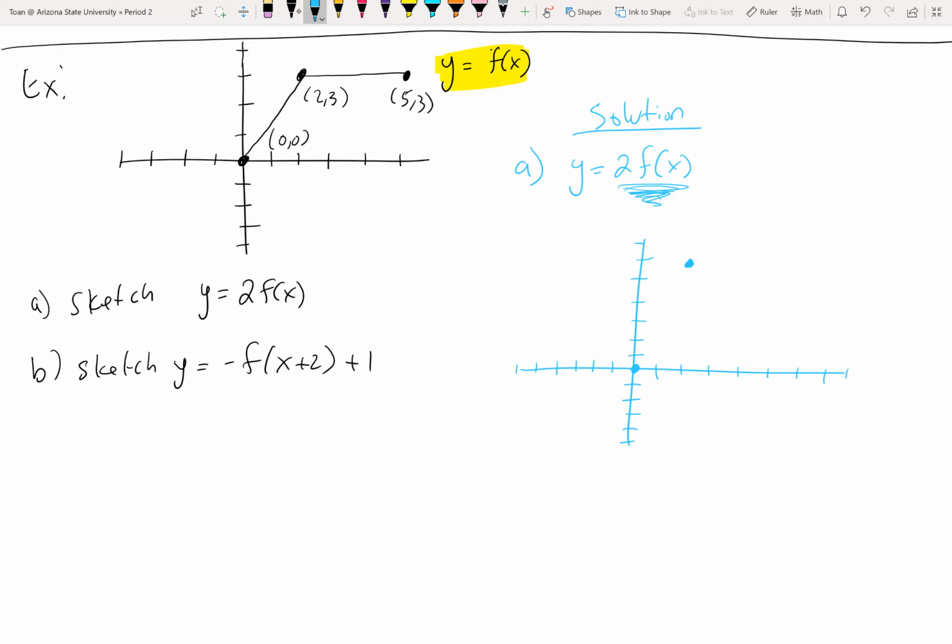Double the y value, so my new point becomes 5, 6. That is the graph of letter A. Notice how it's taller, stretched up compared to the original, because you are literally stretching the y values.